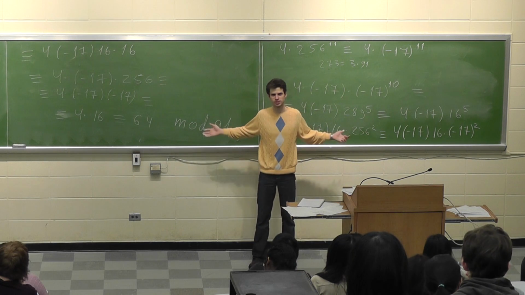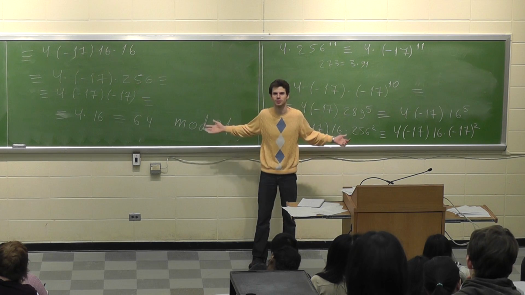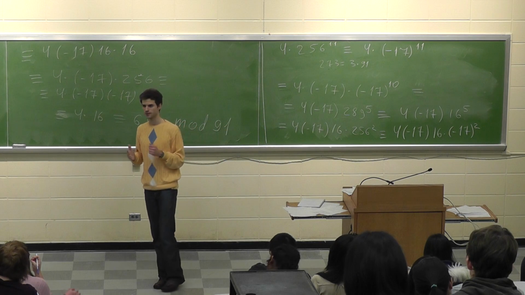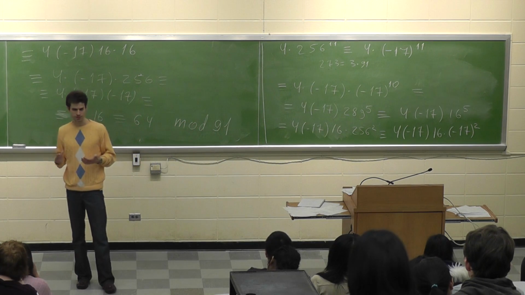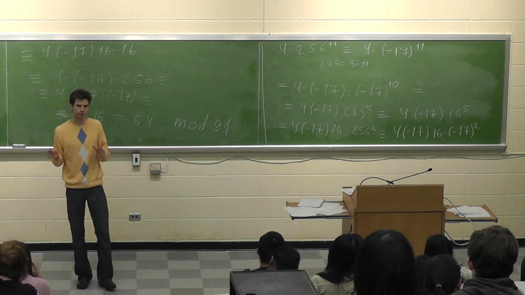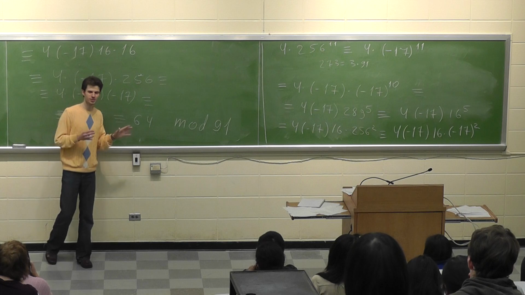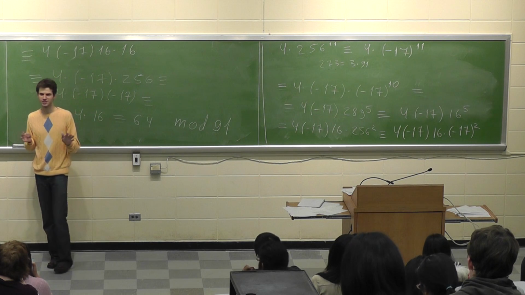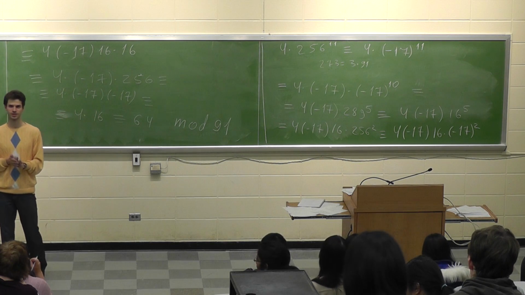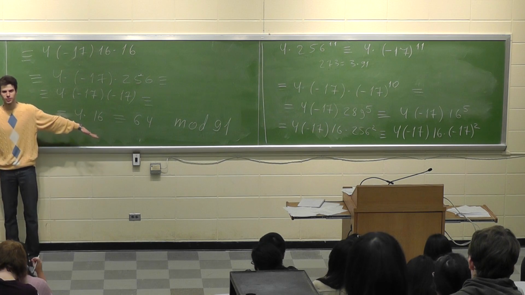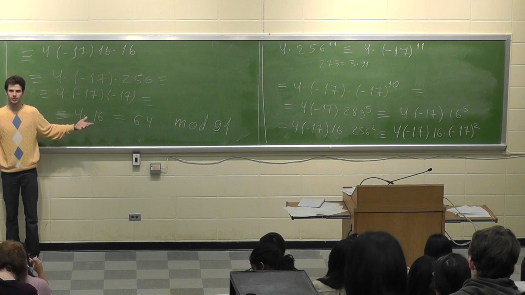And of these computations, several were actually the same computation. It was 16 squared or minus 17 squared, modulo 91. So if I count distinct computations, I computed maybe 7 different products, something like this. So this computation was kind of long, but not very long.